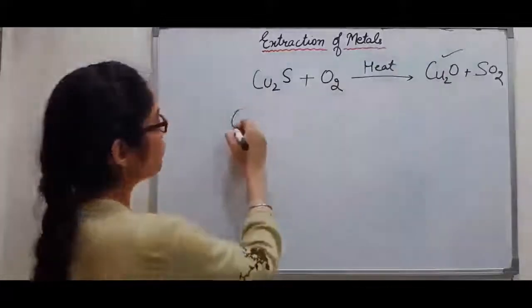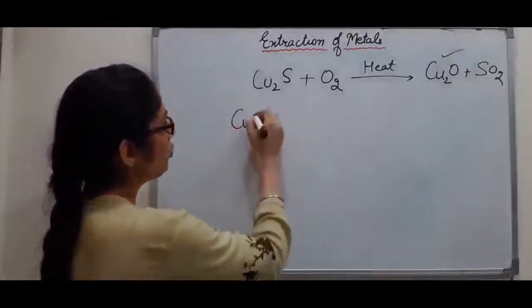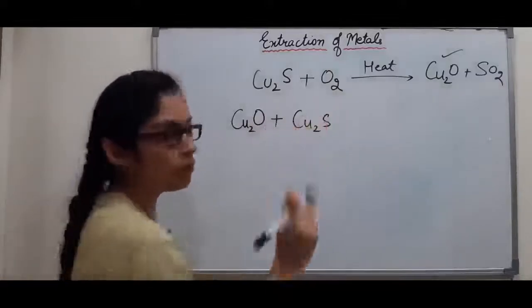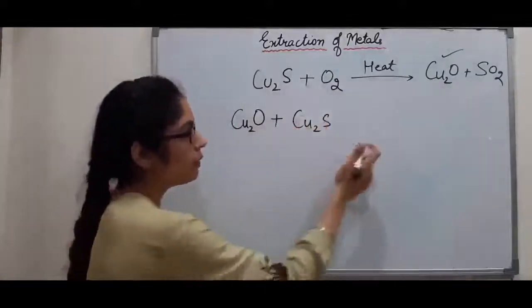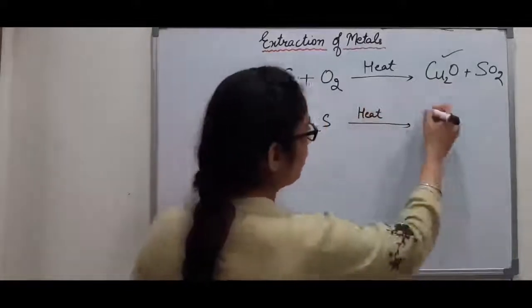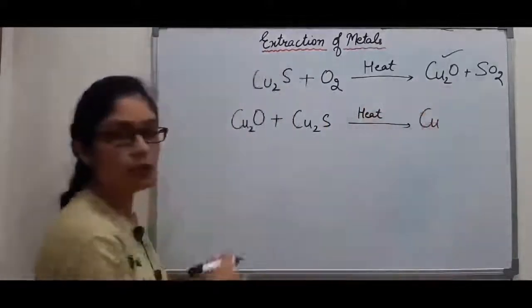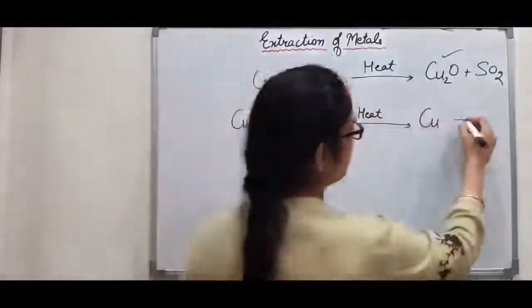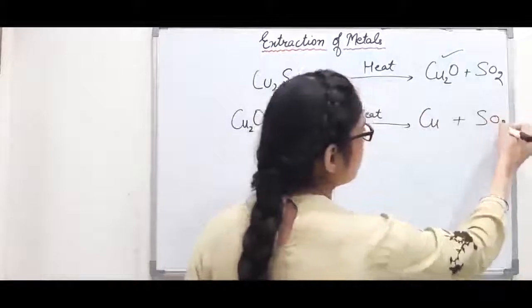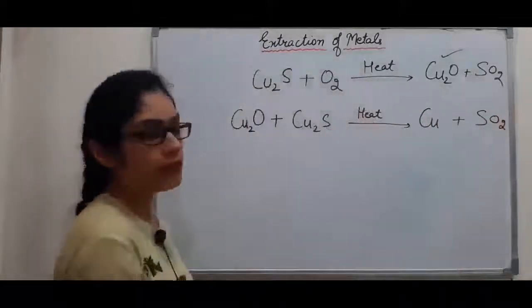The only difference is that here we have to take copper oxide plus copper sulfide. Both of these we have to heat and they will be reduced to copper. Along with copper we will get sulfur dioxide, because we have sulfur here.